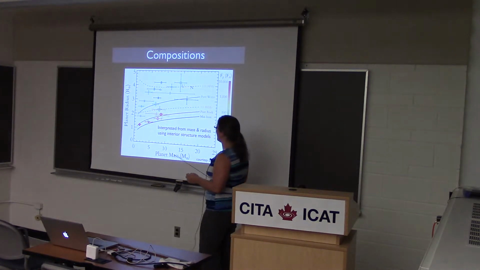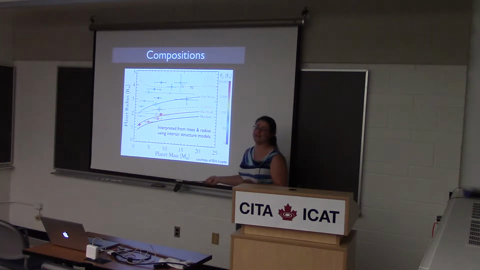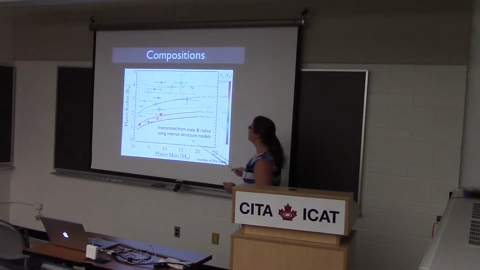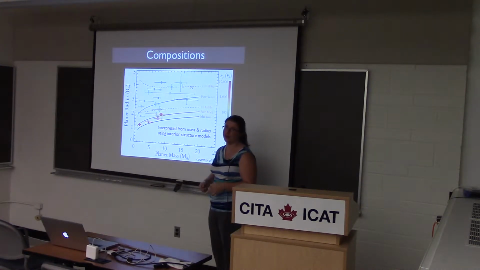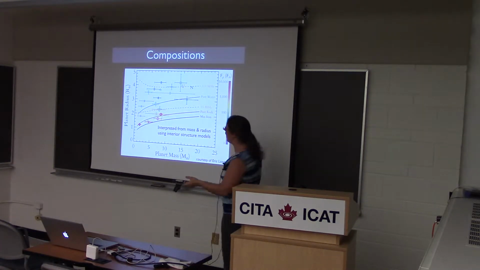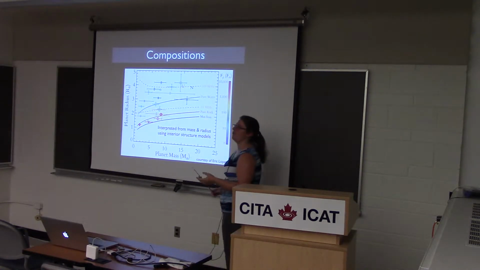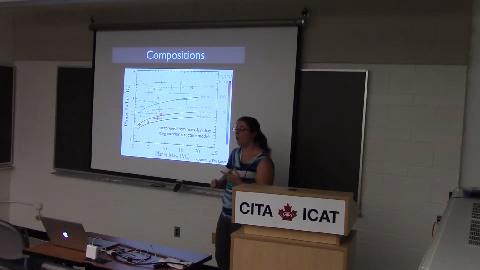Just a note here that planet mass is a very difficult and expensive measurement to make. There's about 24 planets here that have mass measurements. Radius you get for free with the Kepler mission, because that's how we detect these planets, directly from the transit depth. But planet mass requires a lot of follow-up observations, either with radial velocity, or if you're really lucky, they're near resonance and you see transit timing variations.